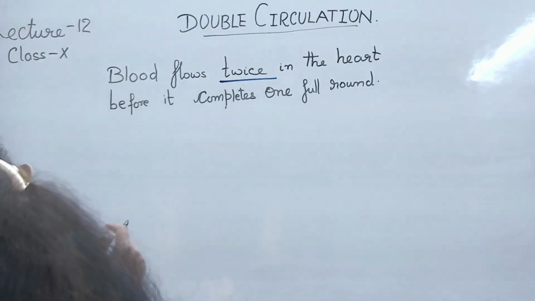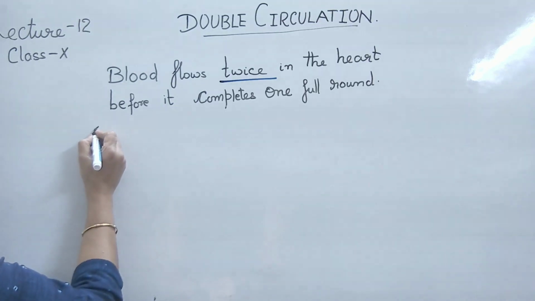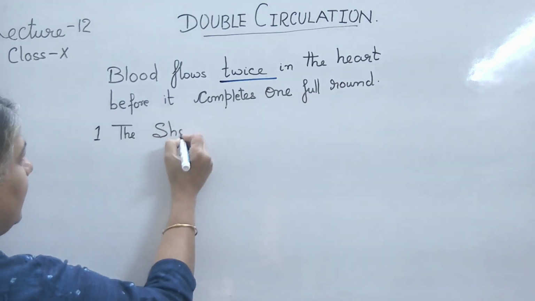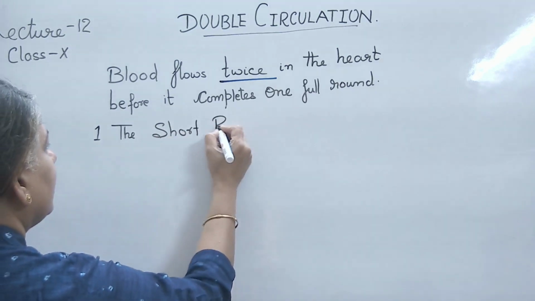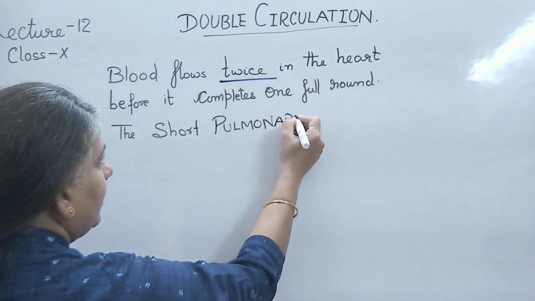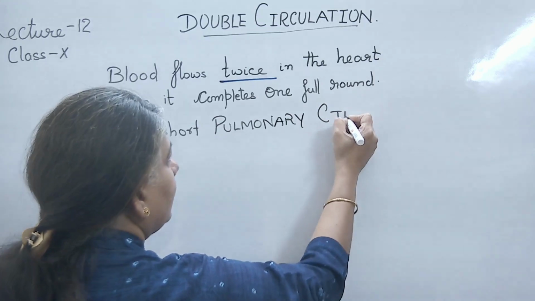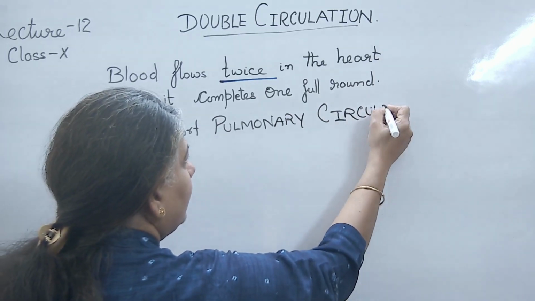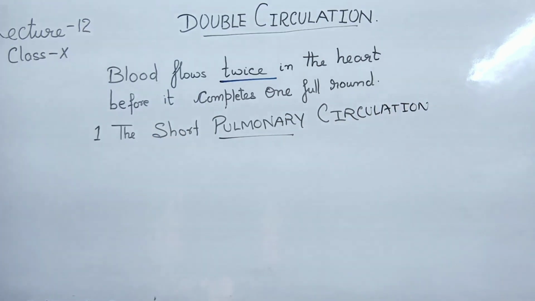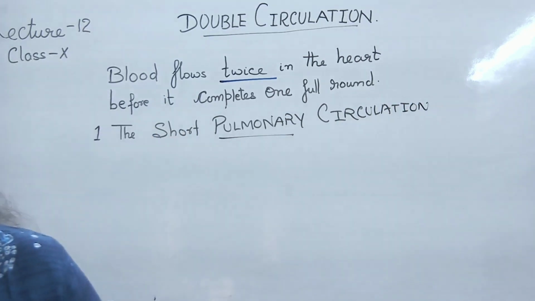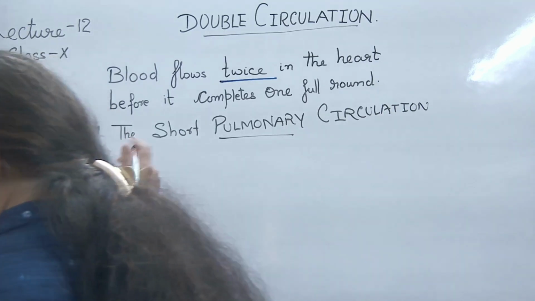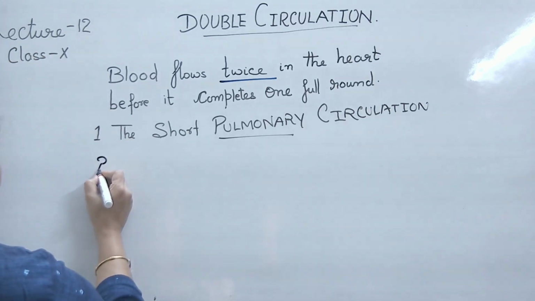Okay, the short pulmonary circulation. See, pulmonary pertains to lungs. So the blood flows into lungs. And the long systemic circulation.